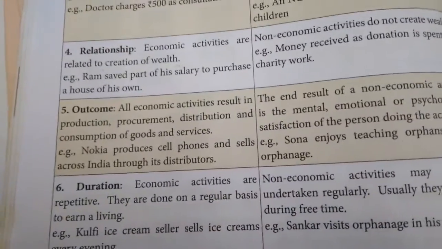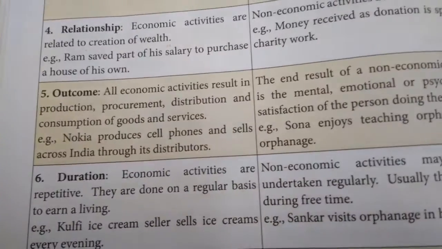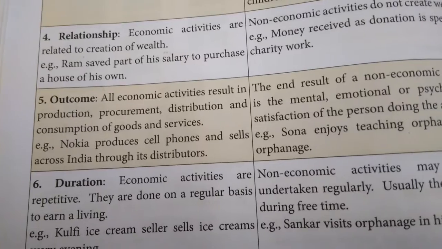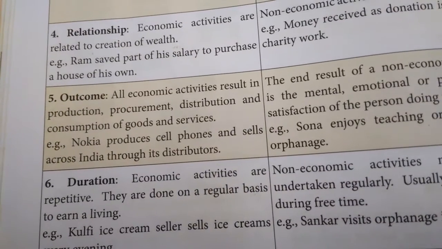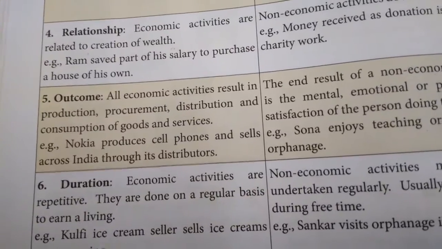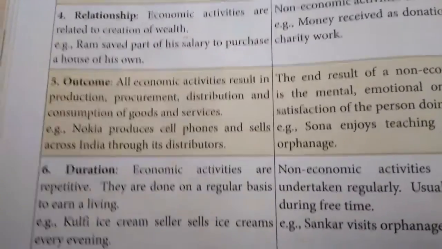And outcome. What is the outcome, or the result, of economic activity? All economic activities result in production, procurement, distribution and consumption of goods and services.